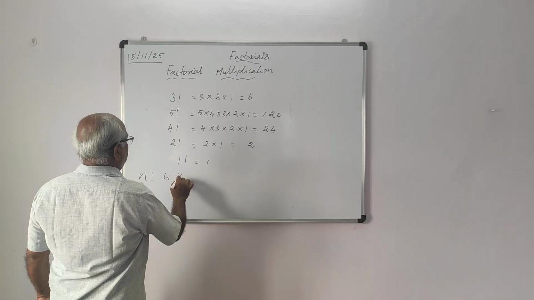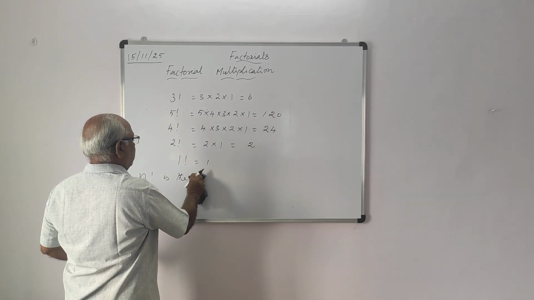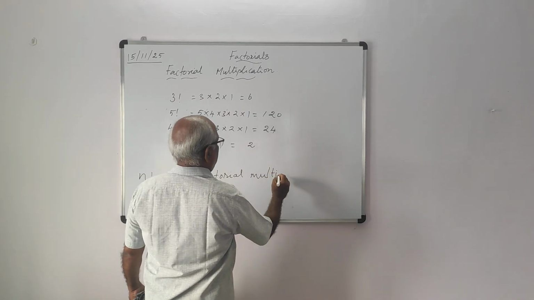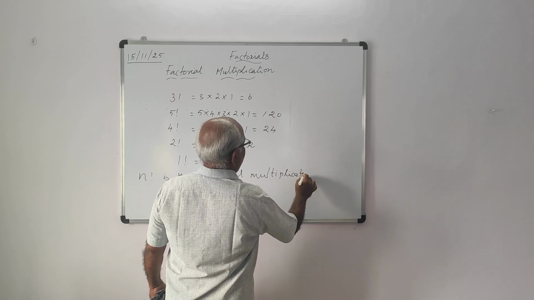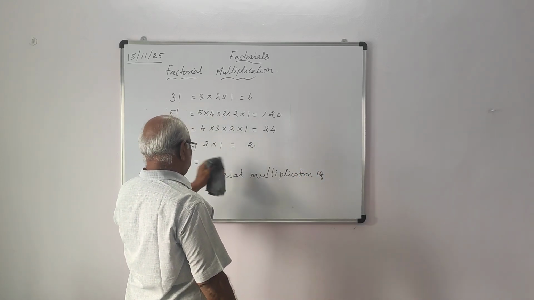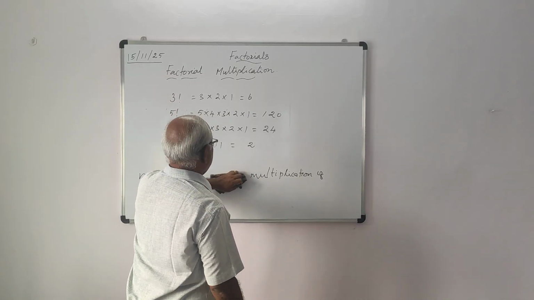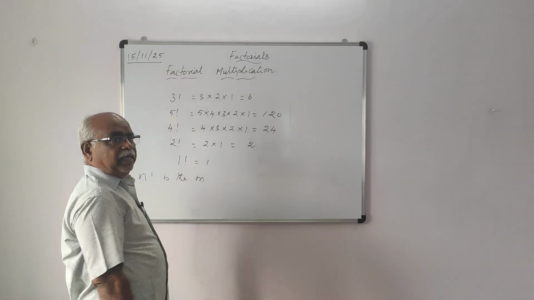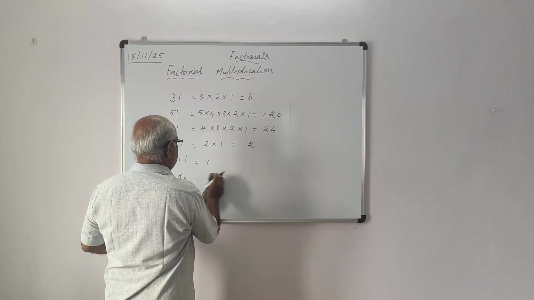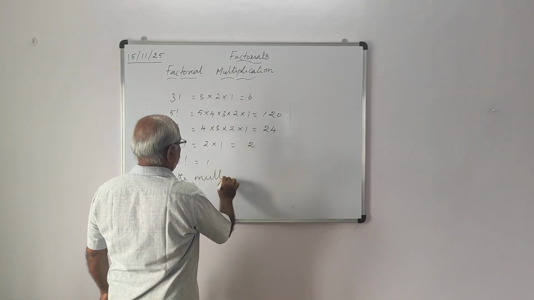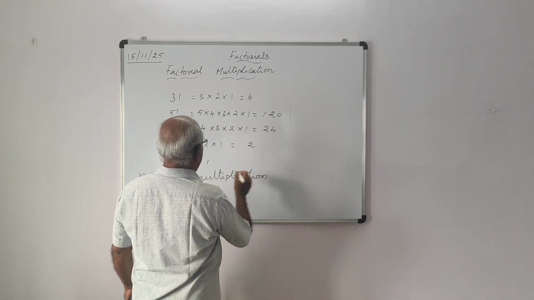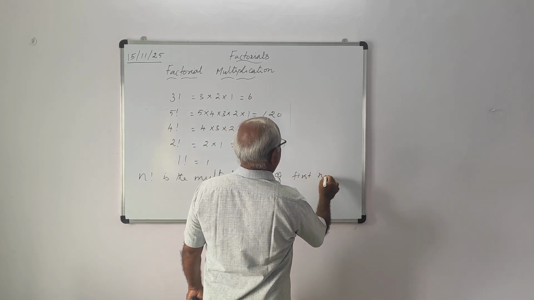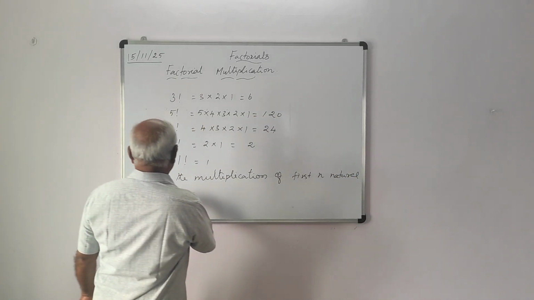See, like that, n factorial is just a multiplication, not the word factorial, you need not write, it is just the definition. N factorial is the multiplication or product of the first n natural numbers.